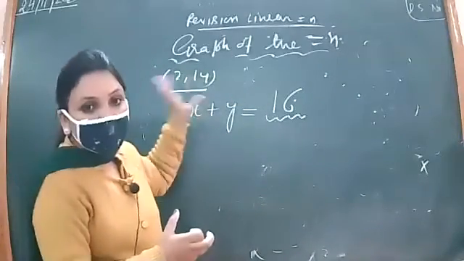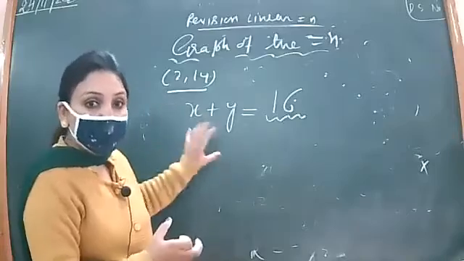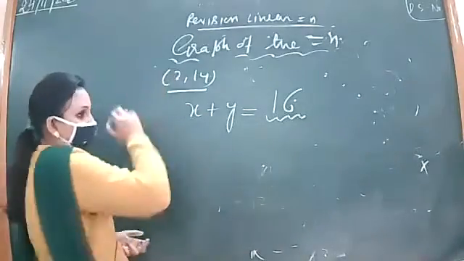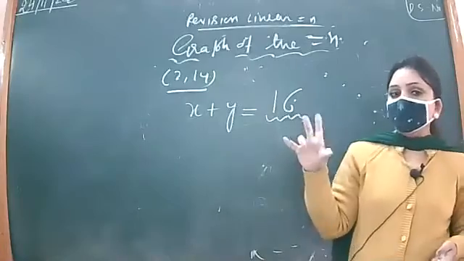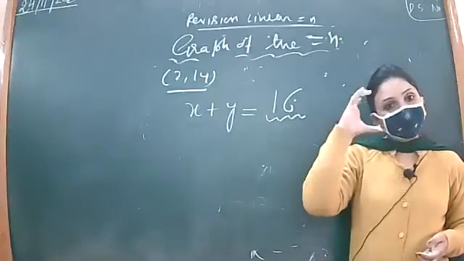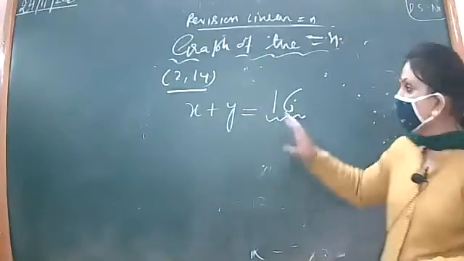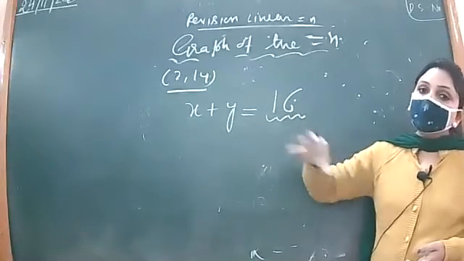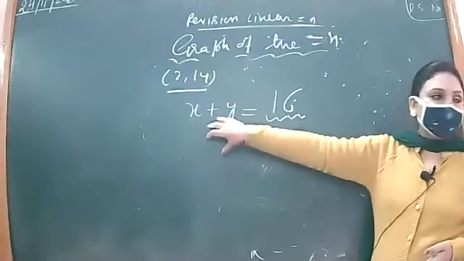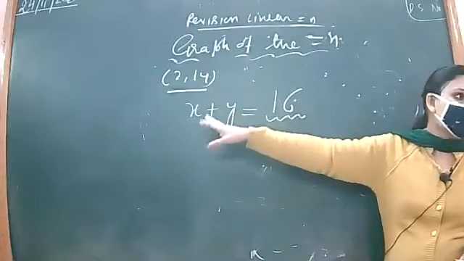Now this is the equation. This is the line through which this point definitely passes. It is the same: if you have bought a frame of the exact measurement, then definitely your photograph will fit in that frame. Similarly, if we have taken the expression in such a way that this point is a solution of the equation, then definitely this point will pass through it, right?